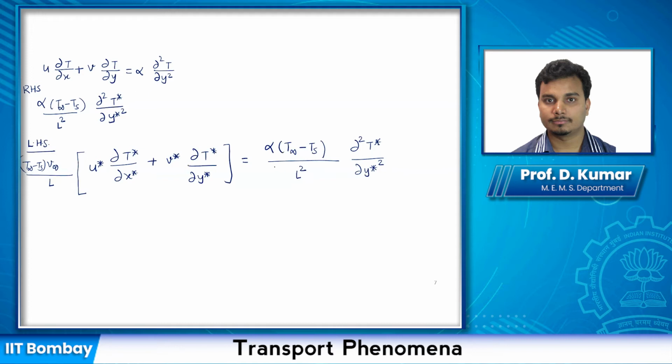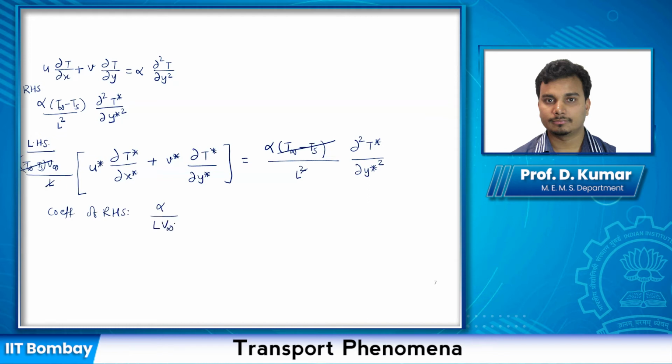Okay, so now if you compare these two sides, you can cancel this. Now if you look at this right side, L will cancel out. So the coefficient of the RHS is alpha by L times V infinity.